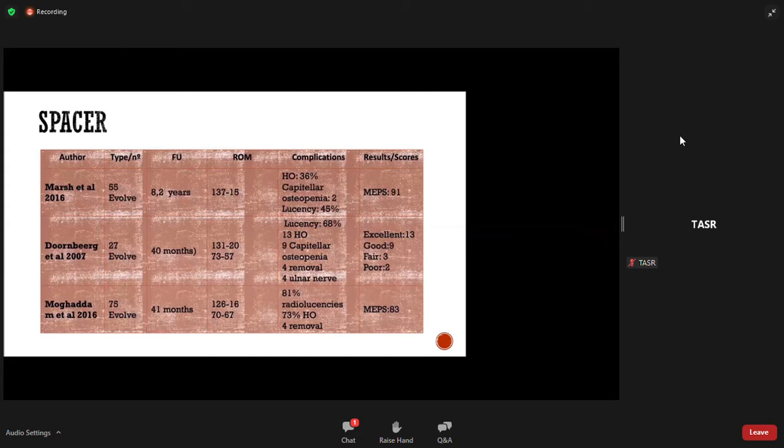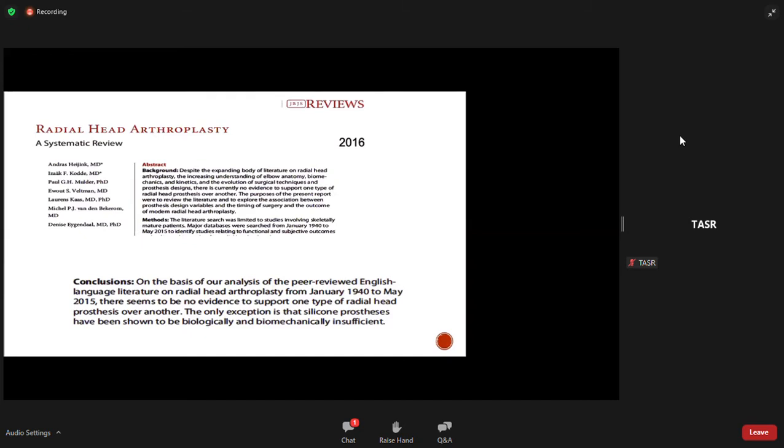But definitely what we do have is that radiolucency in a spacer is higher in terms of percentage with respect to the other models, because of course there is no integration of these procedures. So going into reviews, you can see that there is no support for one type of radial head over another one, apart from the ones in silicone that have been proven to be completely insufficient biomechanically.